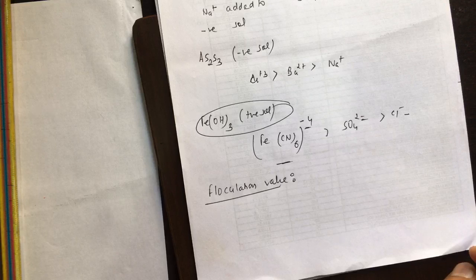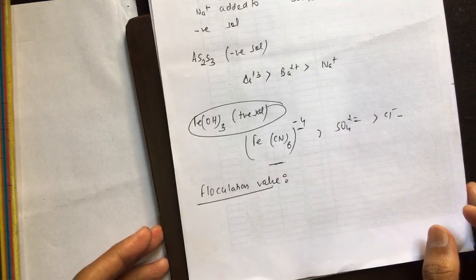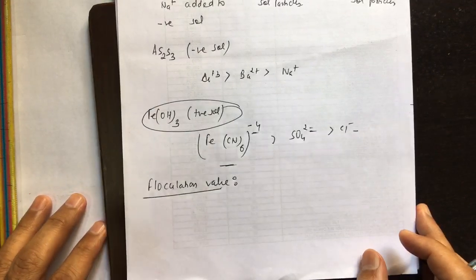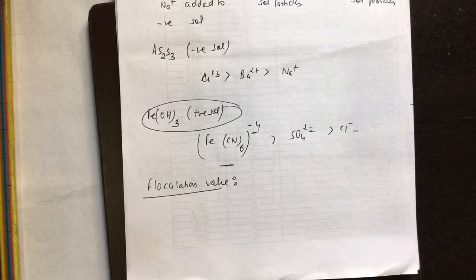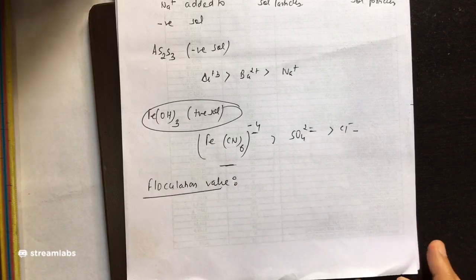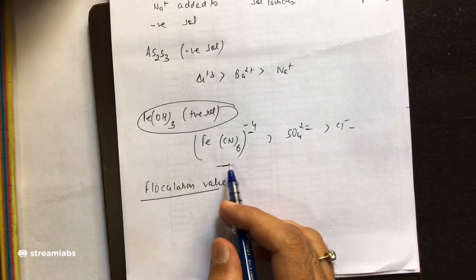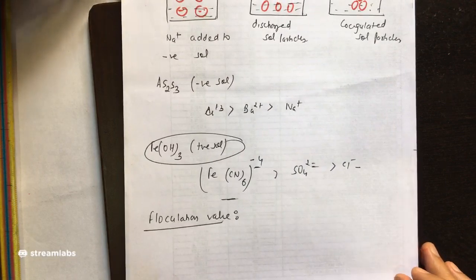The precipitating power of an electrolyte or ion is experimentally determined by finding the minimum concentration in millimoles per liter required to cause the precipitation of a colloidal sol in 2 hours, and this is called flocculation value. So smaller the flocculation value, greater is the precipitating power. So Fe(CN)6 4- has a smaller flocculation value. This is what we have discussed about the properties.